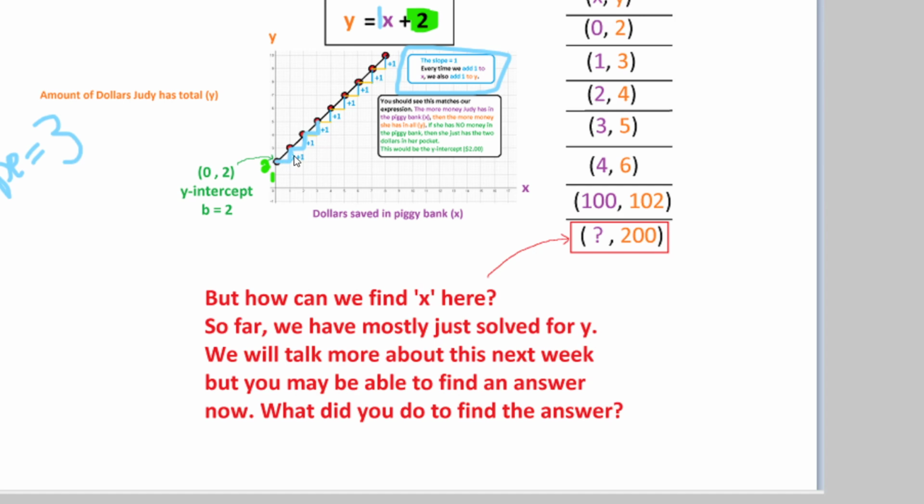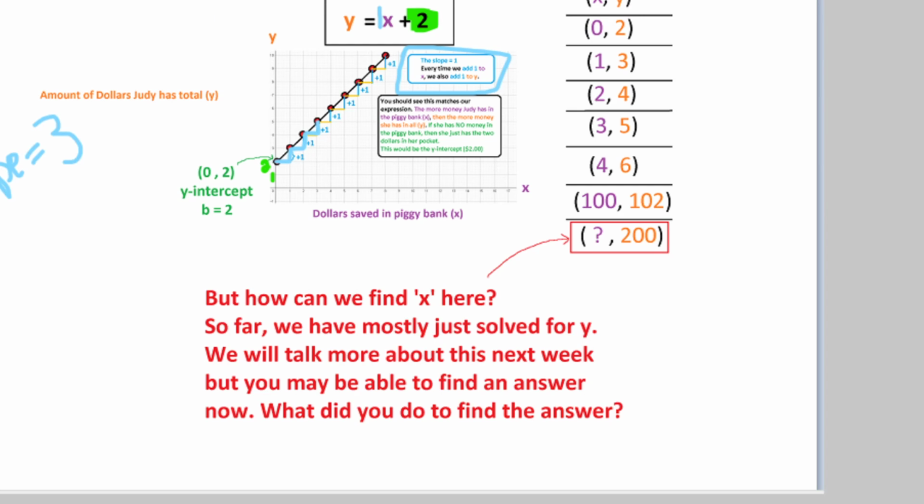Well, that would mean that every time we add 1 to x, we'd add 3 to y. So you'd get a graph that would look something like this. Okay? So it'd be a little bit steeper. A steeper mountain versus a hill. Okay? And that's because this is a greater slope, greater incline. And that's something we'll have to keep in mind.